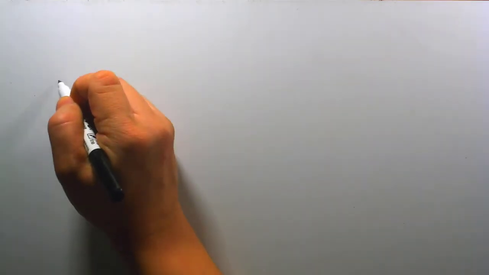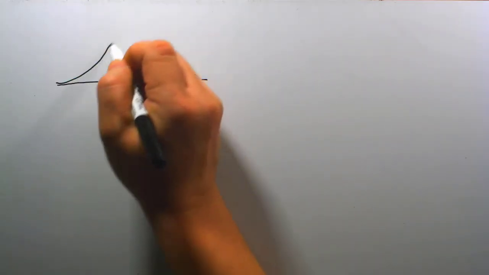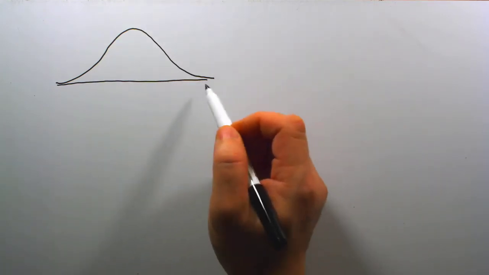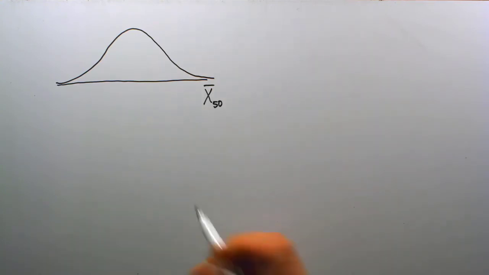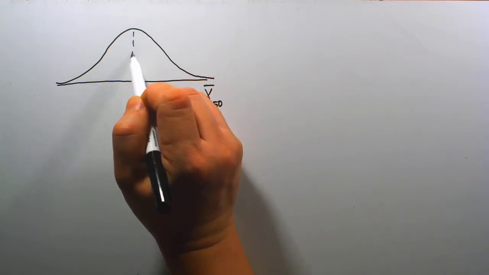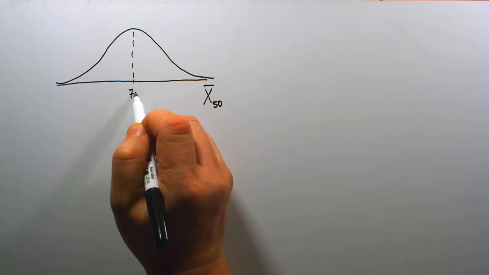And now again, on the normal distribution bell curve that represents our sampling distribution of all sample mean values, capital X bar 50 in this case, this bell curve of ours had the center at 72.